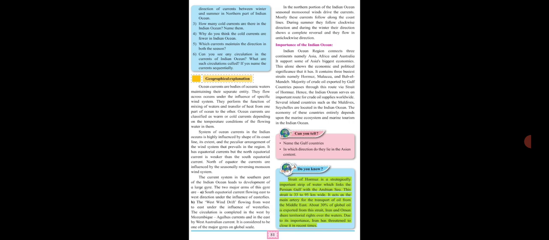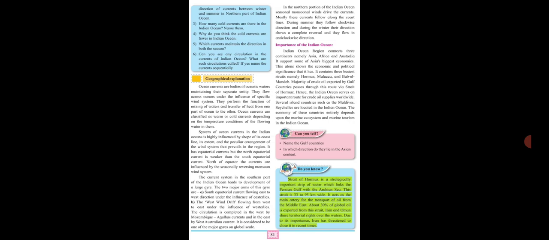Several island countries such as Maldives and Seychelles are located in the Indian Ocean. We know now these places have become very important tourist hotspots, where very famous personalities also keep going, and that's why these islands, Maldives and Seychelles, are known for their beauty.